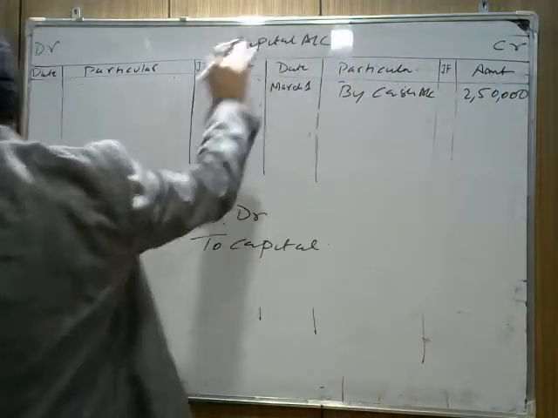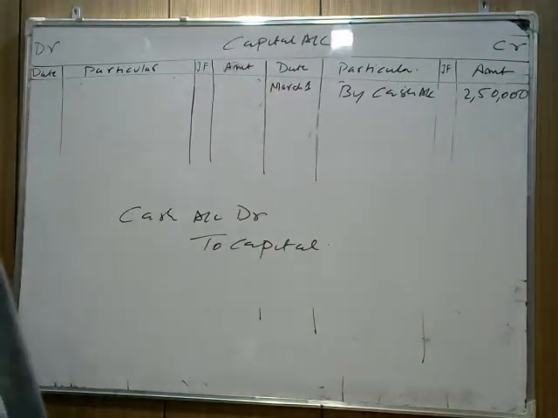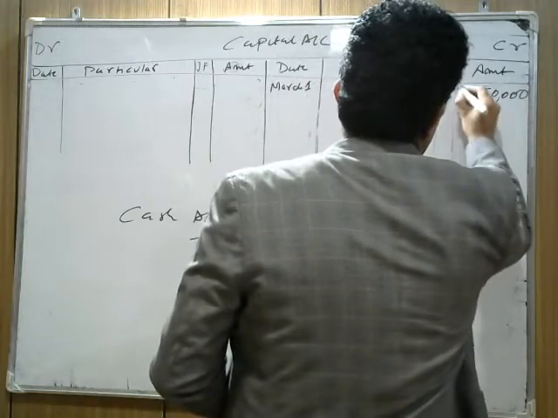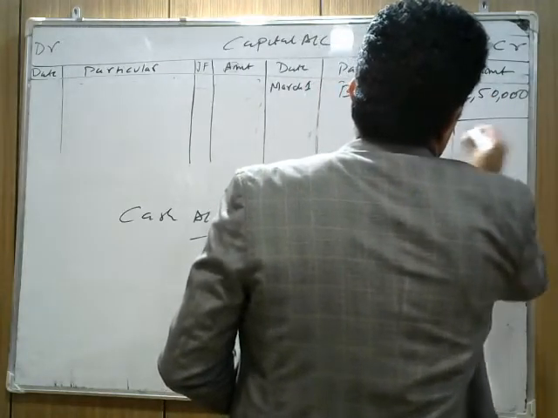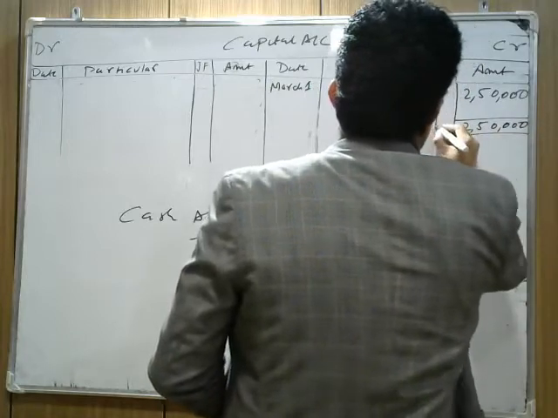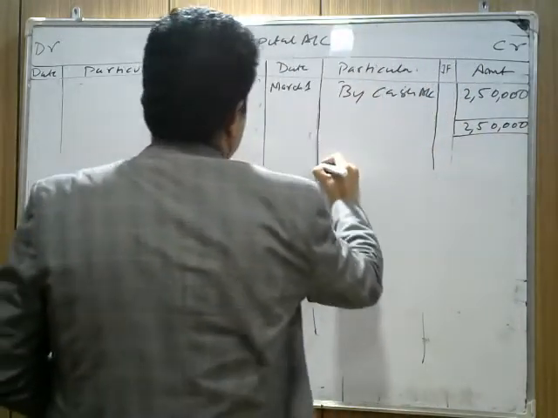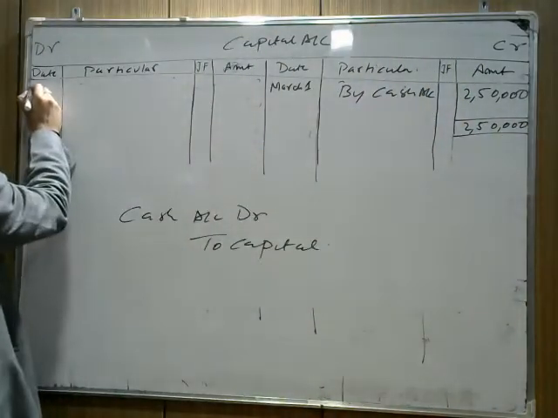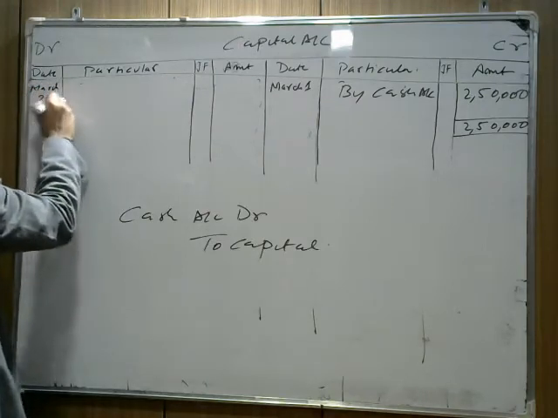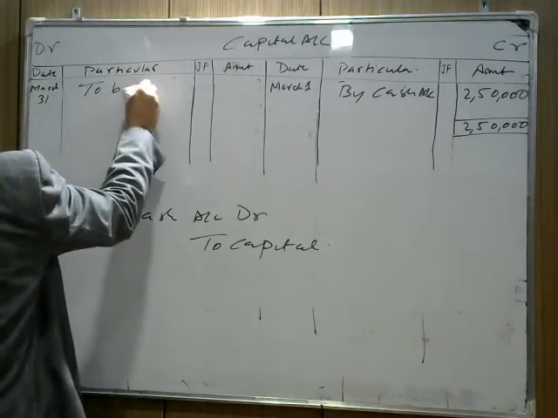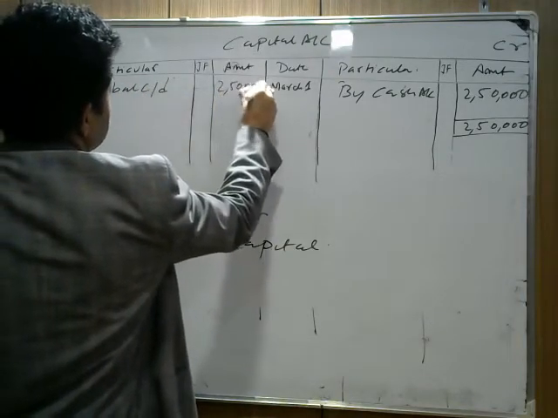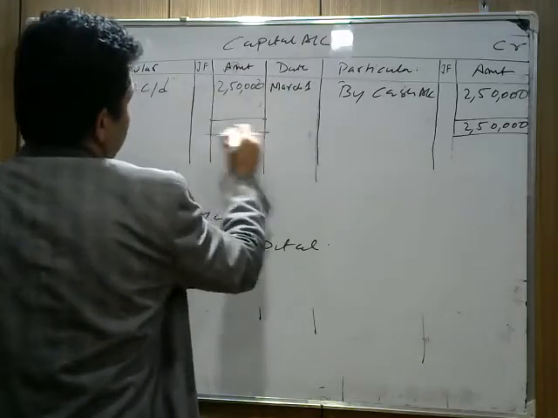Because we have capital account on it, we cannot write the capital word in capital account. There are no other transactions here, so we do the balancing part. 2,50,000. We write March 31st, "to balance c/d" 2,50,000 to make the balance equal.